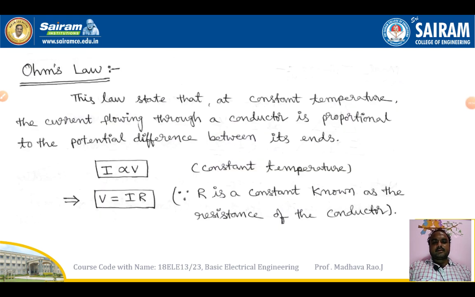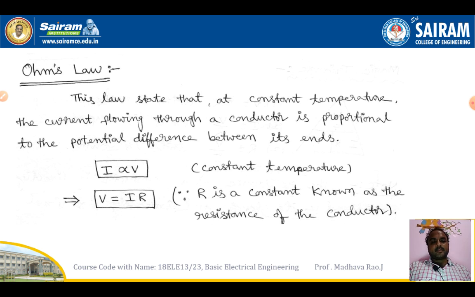Next we'll see Ohm's law. What is the statement of Ohm's law, and what are the limitations of Ohm's law? Ohm's law states that at constant temperature, the current flowing through a conductor is directly proportional to the potential difference between its ends. Simply we can write I is directly proportional to V. Temperature should be constant.